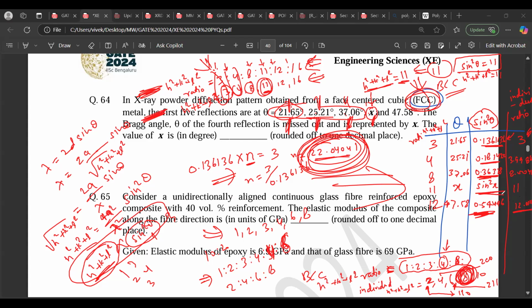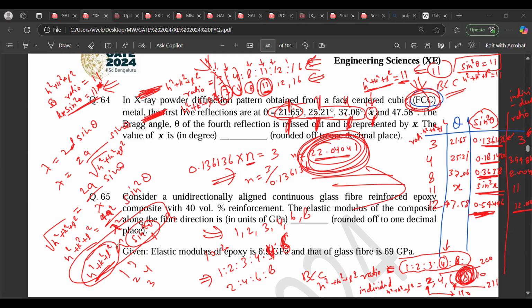Because I wanted to show that if the h square plus k square plus l square value for a particular peak is 11, you cannot write directly sine square theta equals 11. I first told you could write sine square theta equals 11. Now I'm telling you that you have to write it multiplied by a constant k.